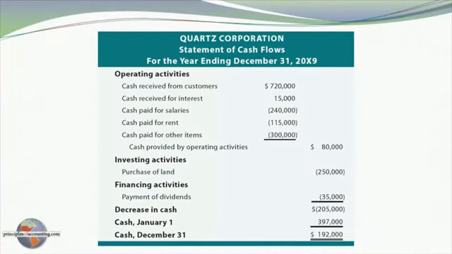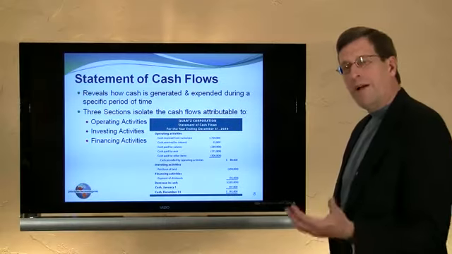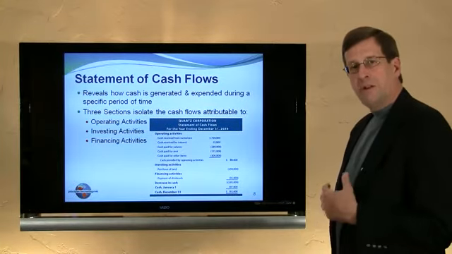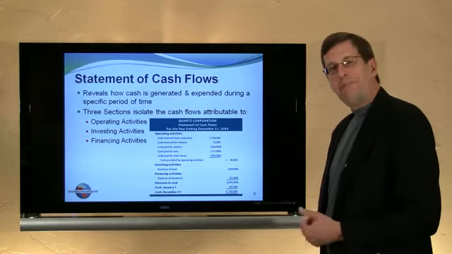For example, we purchased land for $250,000. We paid dividends of $35,000. And this business actually had a $205,000 decrease in cash during the period, despite its income, largely explainable, of course, by the large purchase of land during the period. But you can begin to appreciate how important it is to study the statement of cash flows when you consider what's happening at a particular business.